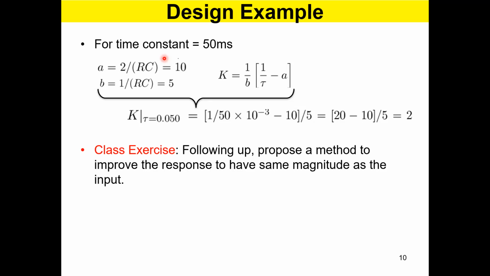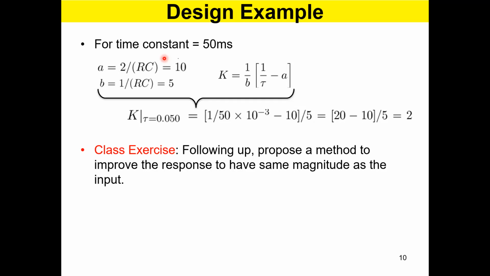By adjusting K, sir? Say it again. By adjusting K? Really? You have already adjusted K to get 50 millisecond time constant.